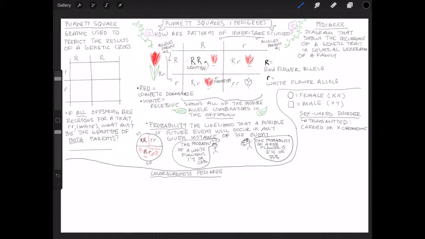And in this chart, we're going to refer to an open circle, not colored in, as a normal female. A circle half colored in is a carrier female. If we have a colored in circle, we have an affected female. That means she has color blindness.